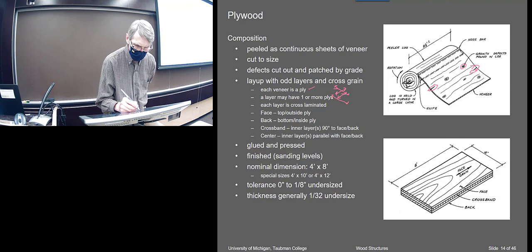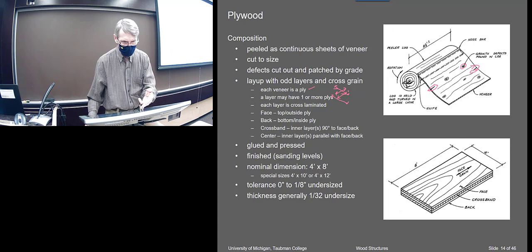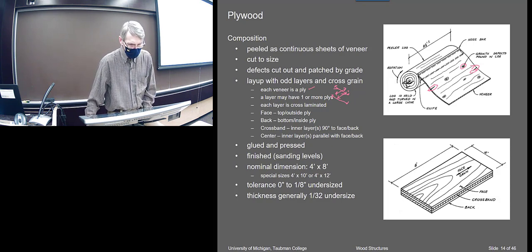I'd have two plies here in the middle going the same direction. That would be one layer. So you can have something that's 4 ply but 3 layers. You have to pay a little bit of attention to that nomenclature, the difference between plies and layers.